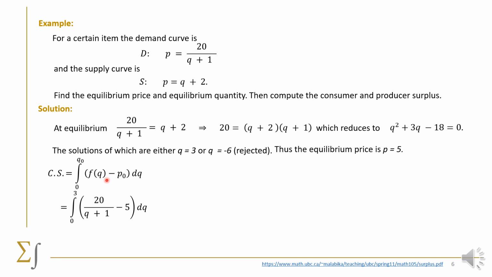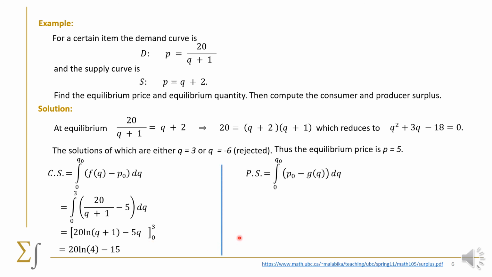So we substitute for f of q, for p node and for q node, and we perform the integration. The integral of the first term is the logarithm of the denominator, and the integral of minus 5 is minus 5q. So here we get 20 ln of q plus 1, minus 5q, and we substitute for q by 3 and 0. We get this answer for the consumer surplus.